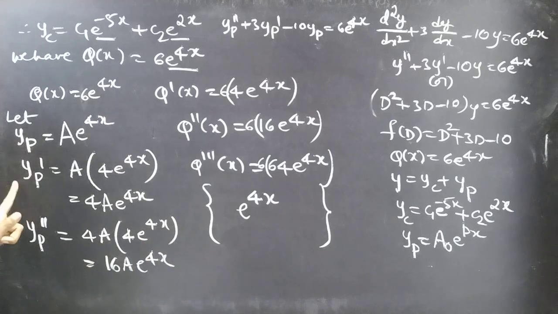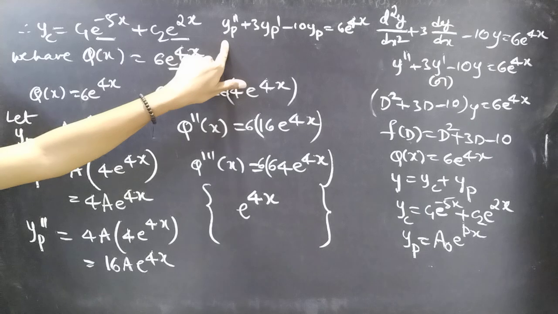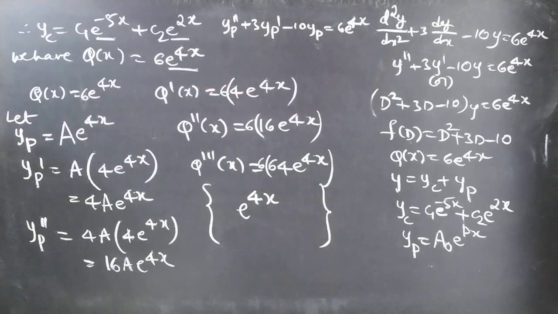Now we got yp, yp dash and yp double dash. Let's substitute them in this equation, because yp satisfies the given equation. Because it is a solution, it satisfies the given differential equation, so that the given differential equation can be written as yp double dash plus 3yp dash minus 10yp equal to 6 e power 4x.